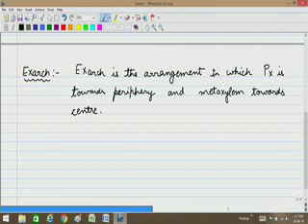Students, I'll try to write more because I believe my voice is echoing still. I'll try to speak less and write more. So this is exarch condition. This is the center. We are moving towards periphery.